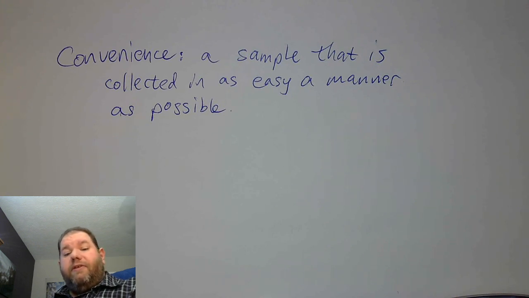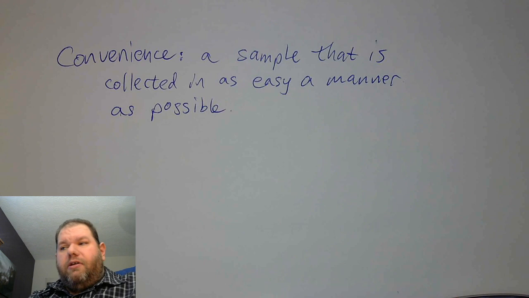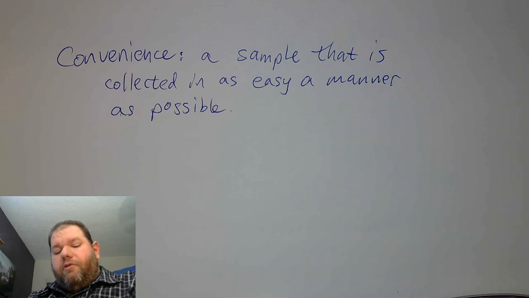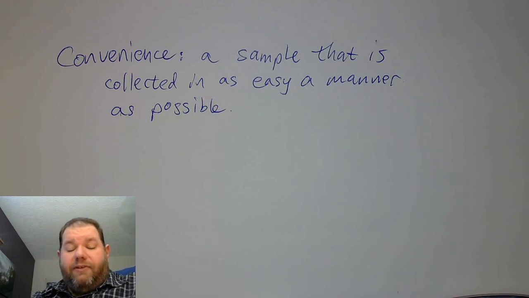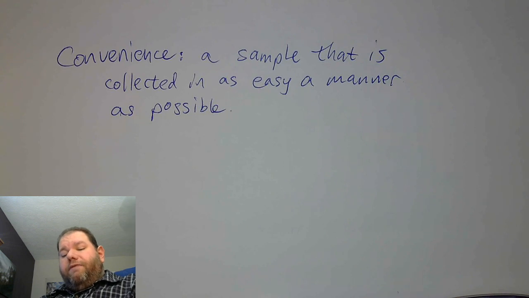It's also the easiest thing to do, so it's always something people are looking at doing just for the sake of simplicity. But if you really want good results, it's usually not the method to choose. I don't know if there's any good example of where convenience sampling is effective at describing what you're researching.